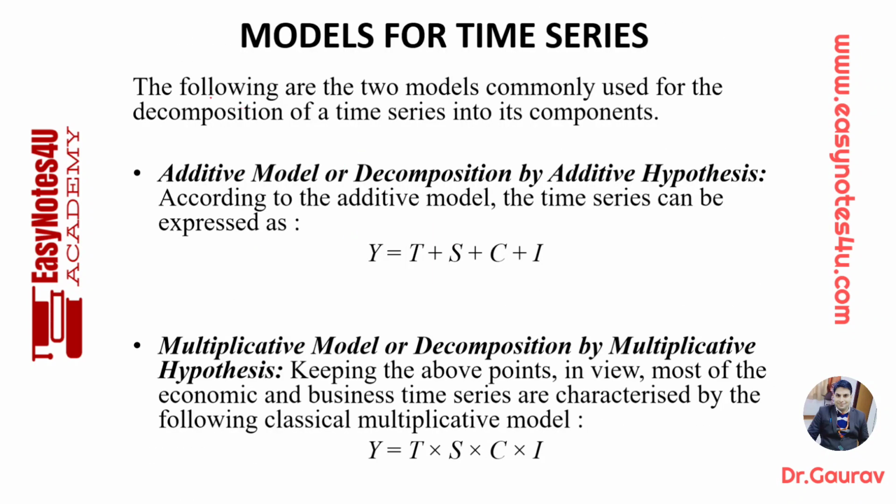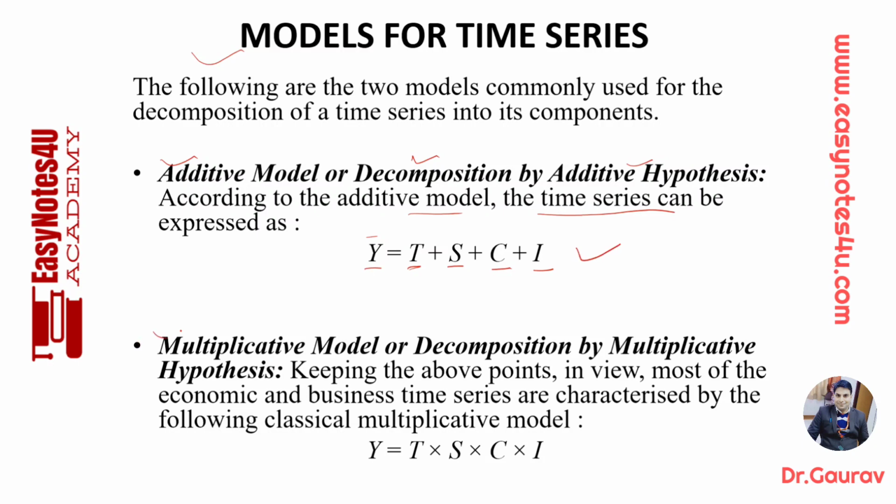So these are some models of the time series analysis. The first model is the additive model, or we can also say the decomposition by the additive hypothesis. According to the additive model, the time series is expressed as the sum of all the components: trend, then seasonal, then cyclical, then irregular.